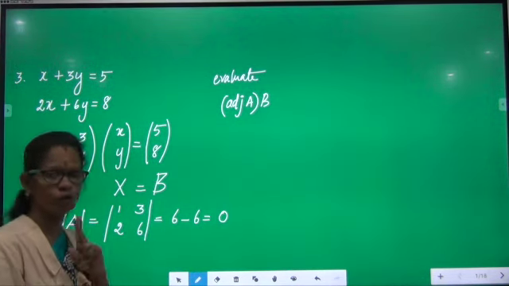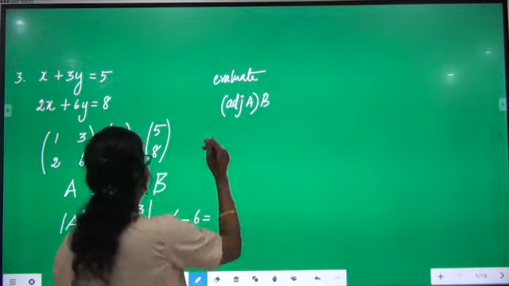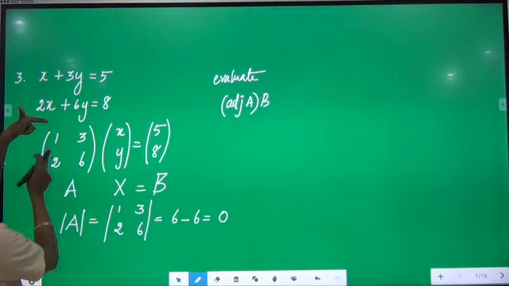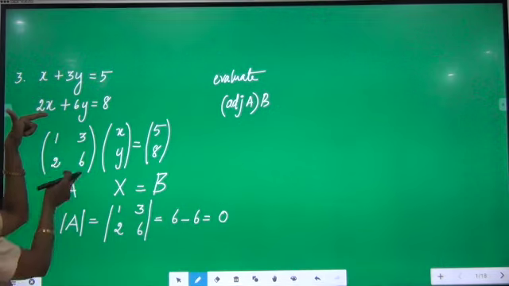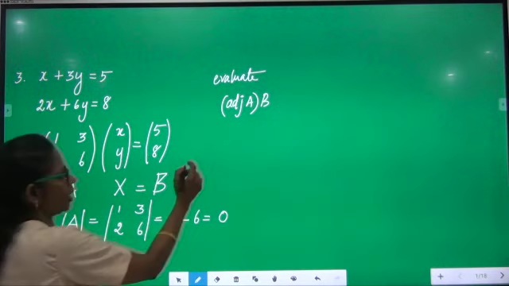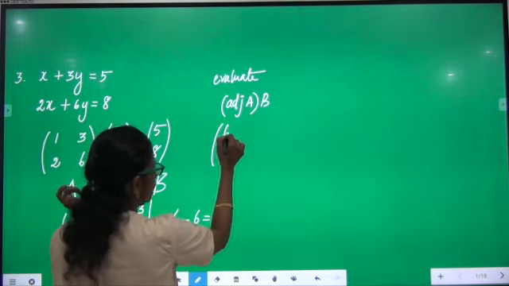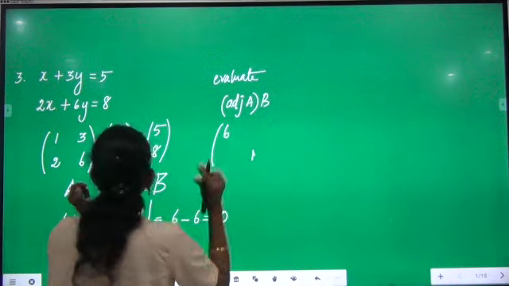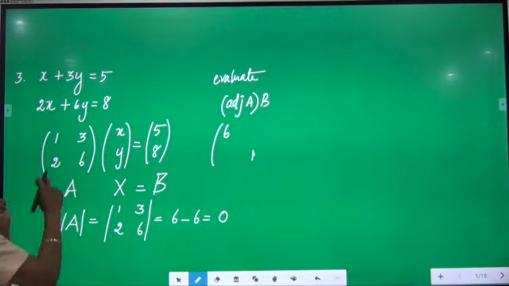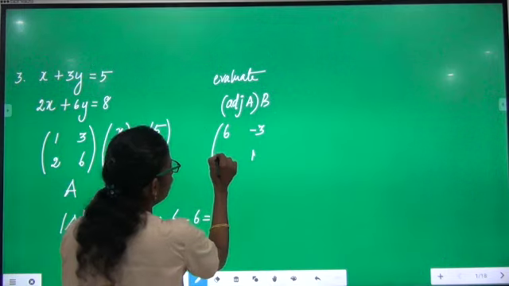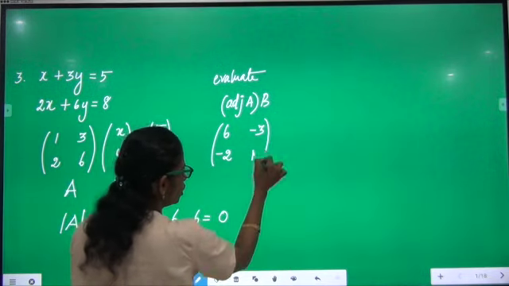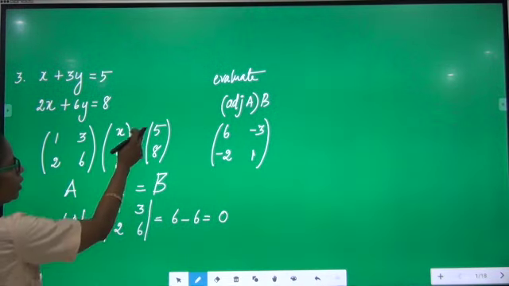If it is 2 by 2 only, it is possible. So, what is your matrix A? 1, 3, 2, 6. I am going to interchange the entries in the main diagonal. So, what can I get? 6, 1. Here, change the sign of the subdiagonal, that is minus 3, minus 2, into, what is our B here?